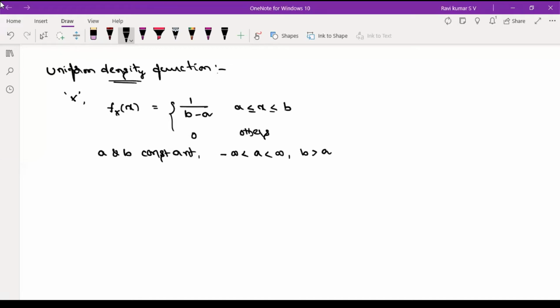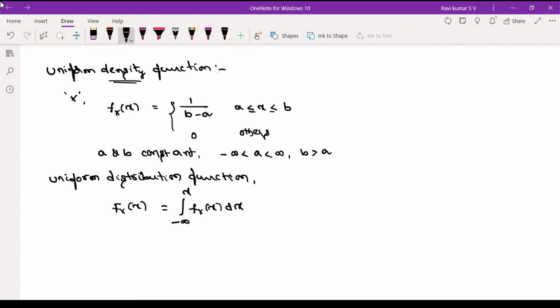So now I have the uniform density function f_X(x), and to get the uniform distribution function, we use the relation between the distribution and density function: F_X(x) is equal to the integral from minus infinity to x of f_X(x) dx.